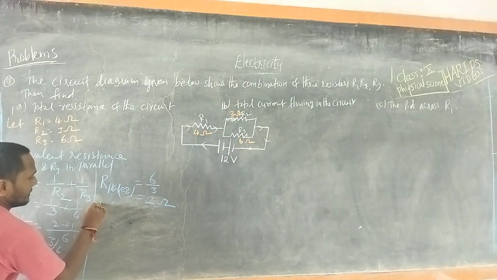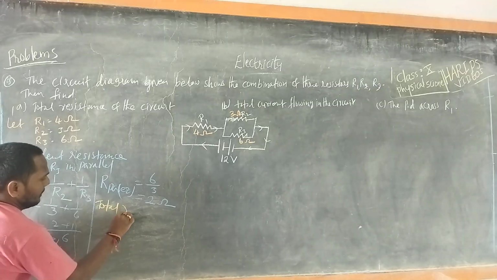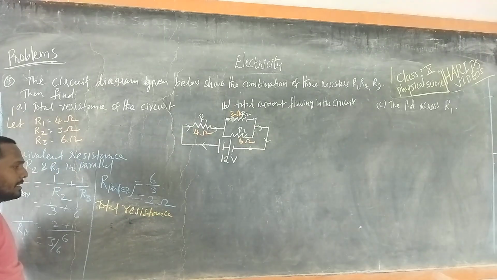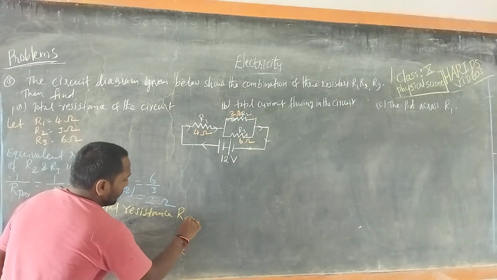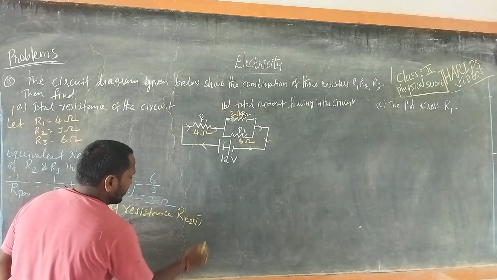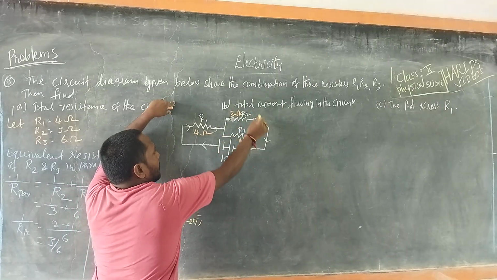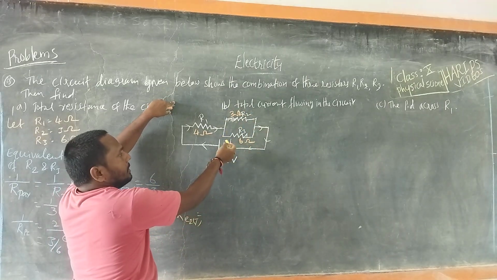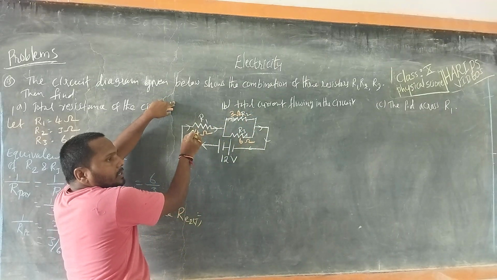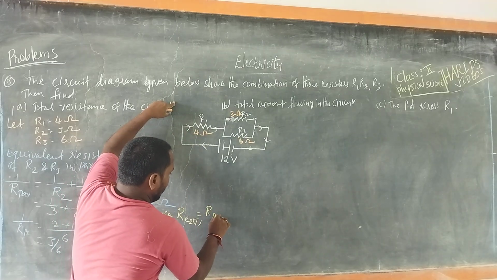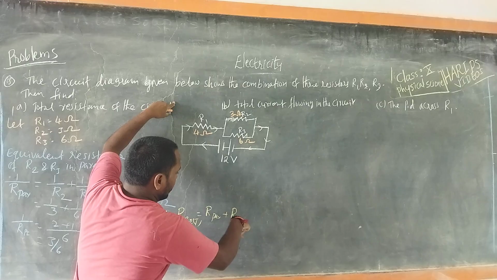So total resistance R total is equal to, this is in series with R1, so you can write R parallel plus R1.